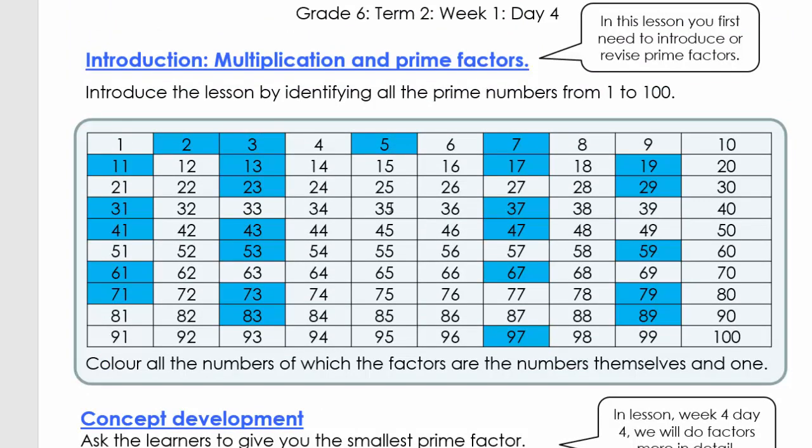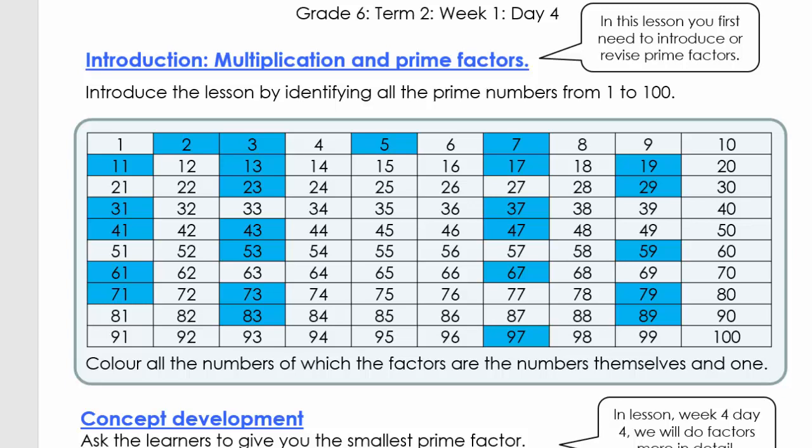Okay, welcome. We're going to look at prime numbers first. A very nice activity is where we have this number board. I want you to tell me which of these numbers are prime numbers and why.